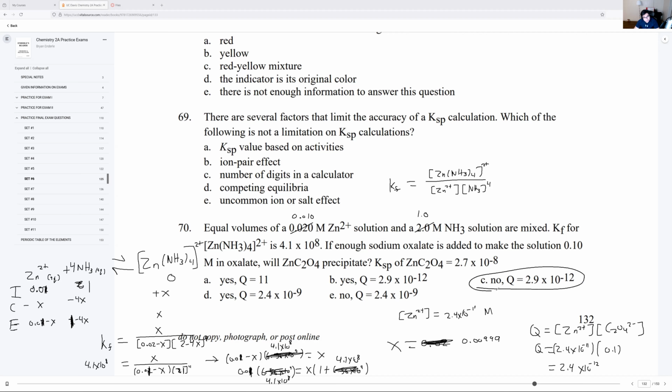So it should be C. I know they got 2.9. Maybe I just plugged in something wrong, but they're close enough. They're the same order of magnitude, right? Same 10 to the negative value. So you can see that Q is much less than K. So the reaction does not shift to the left towards the solid, like we were talking about before.